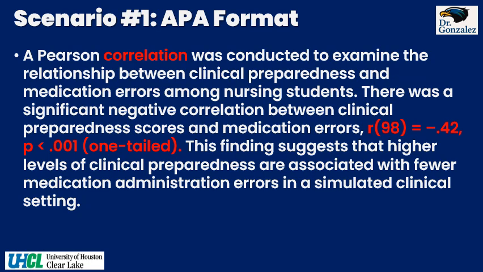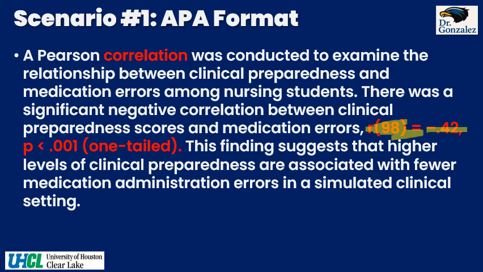So there was a significant negative correlation between clinical preparedness scores and medication errors. What I do is report that R value, and I put my degrees of freedom in parentheses. So R of 98 degrees of freedom equals negative 0.42, and you're going to report that R from the correlation matrix.